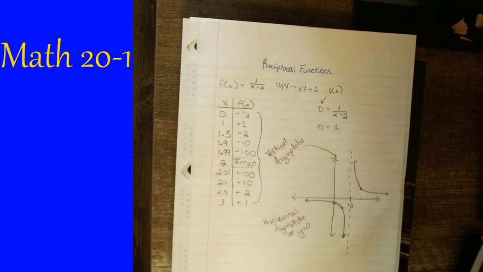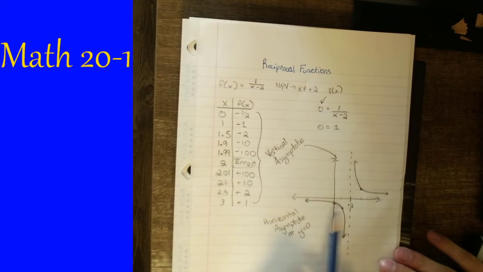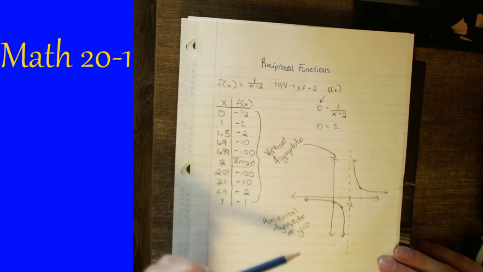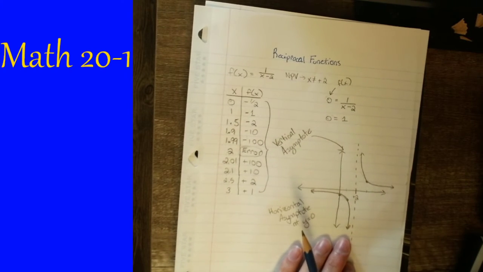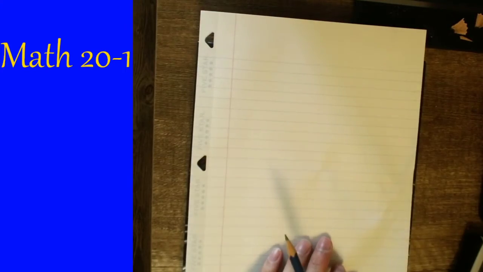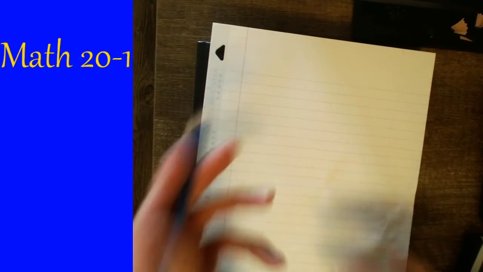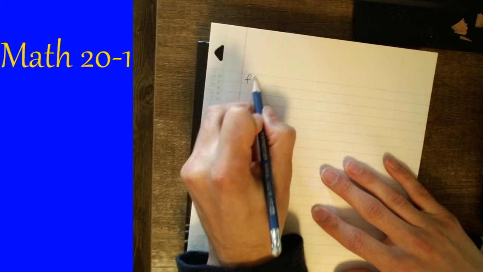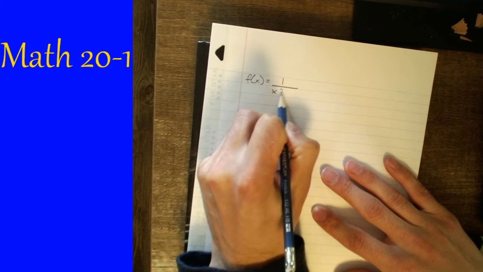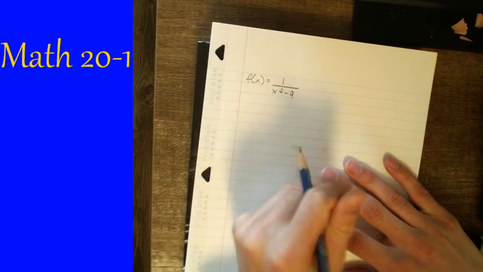Okay, so that's kind of a rough sketch of what our graph looks like. We have this new idea of asymptotic behavior. Let's try another example. Let's try f of x is equal to 1 over x squared subtract 9.